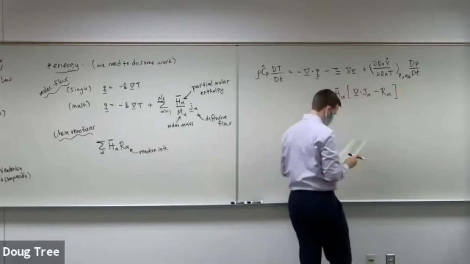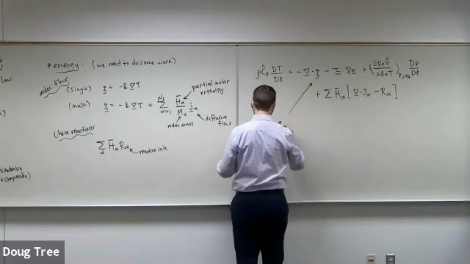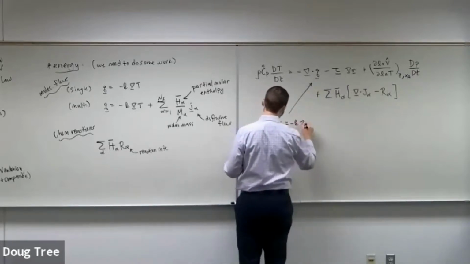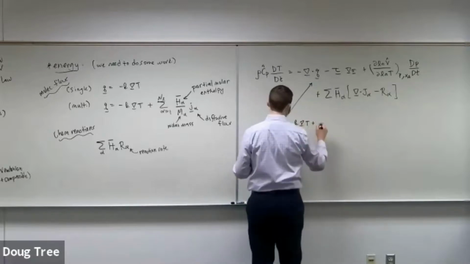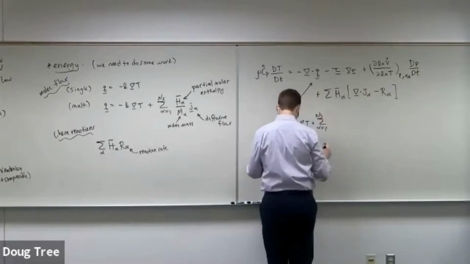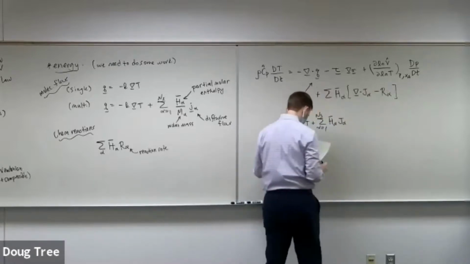And this Q here is what we said right over there: Q is minus K grad T plus the sum from alpha equals 1 to NS. Then I rewrite it as this, to make a point.